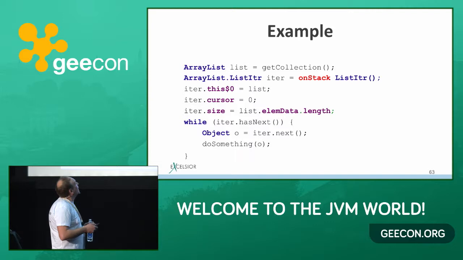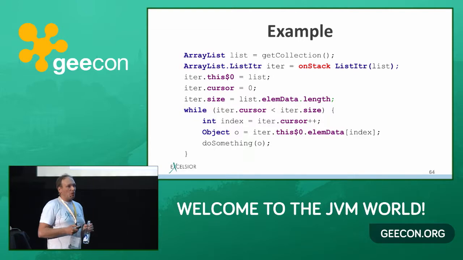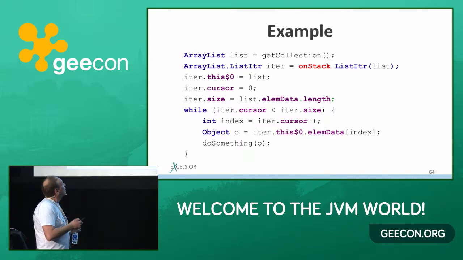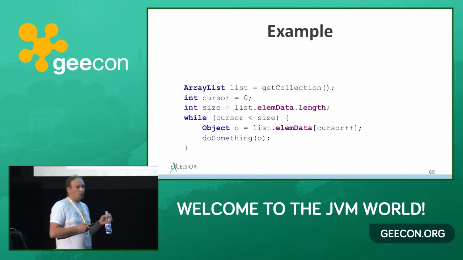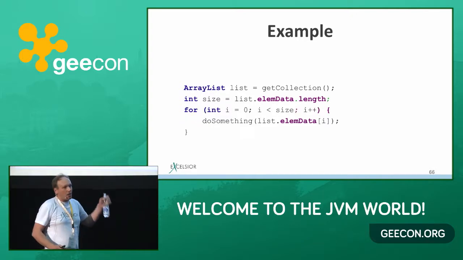And if we inline its constructor, we can see the iterator fields. Then if we inline hasNext and next methods, we will see that the iterator object is not used as an iterator anymore. It is used as a set of fields. So we can translate them into local method variables. And what do we see now? We see that it's a simple for loop with a counter.